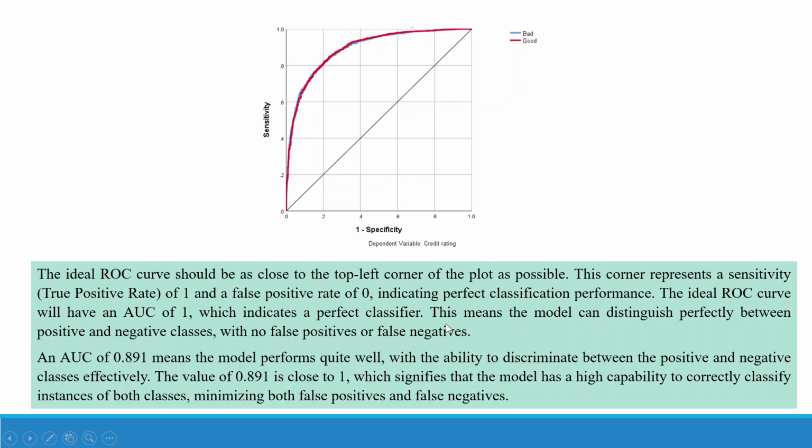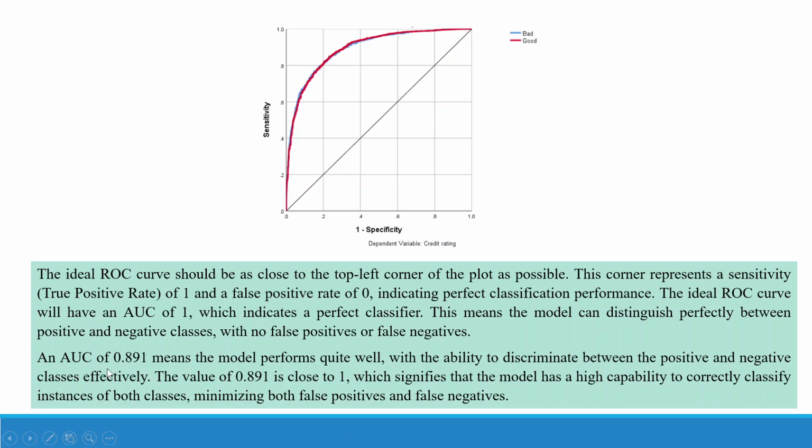The ideal ROC curve will have an AUC of 1, which indicates a perfect classifier. This means that the model can distinguish perfectly between the positive and negative classes with no false positives or false negatives.